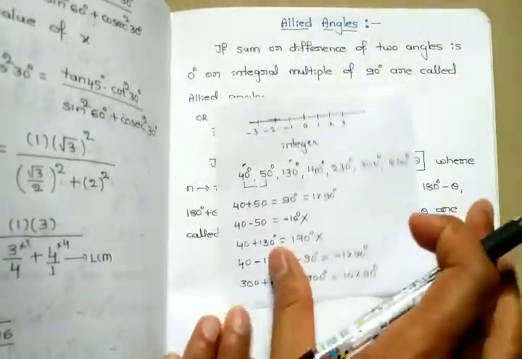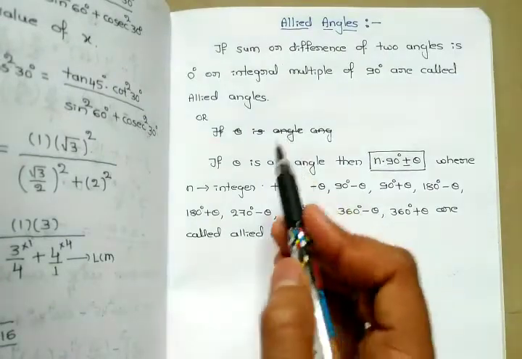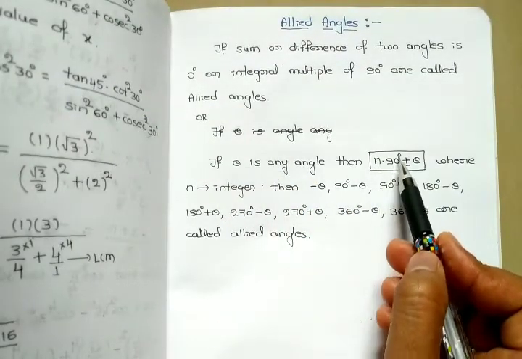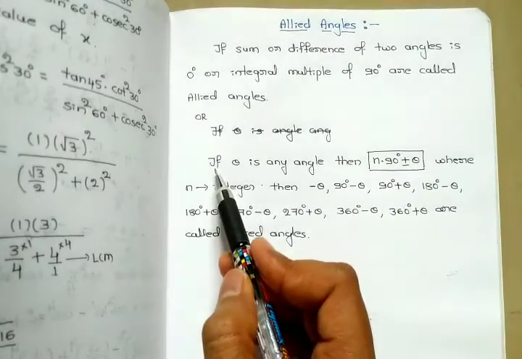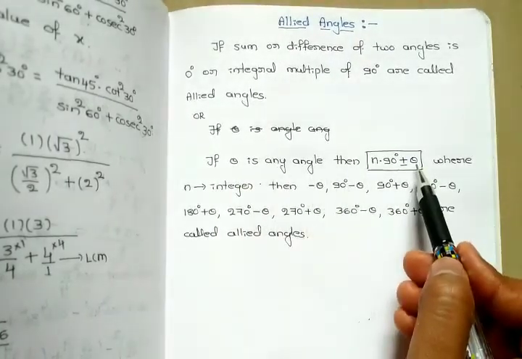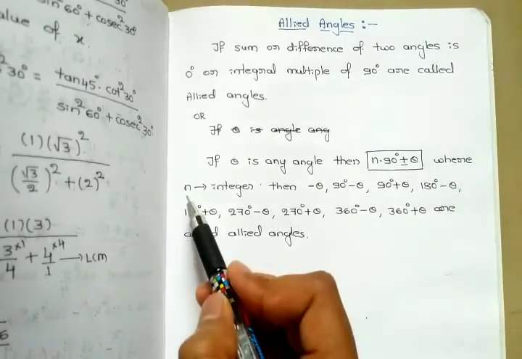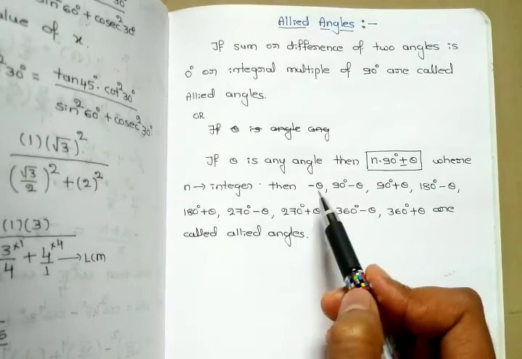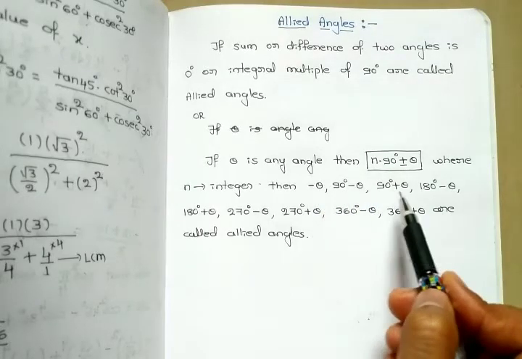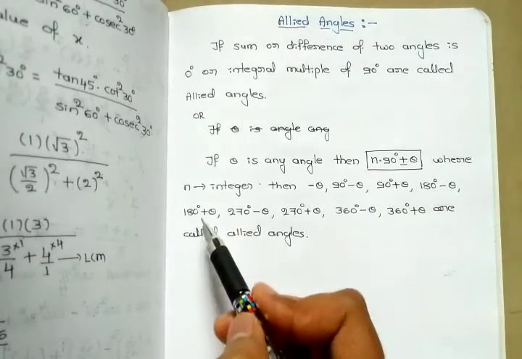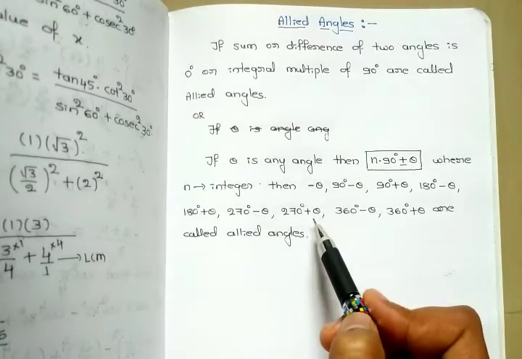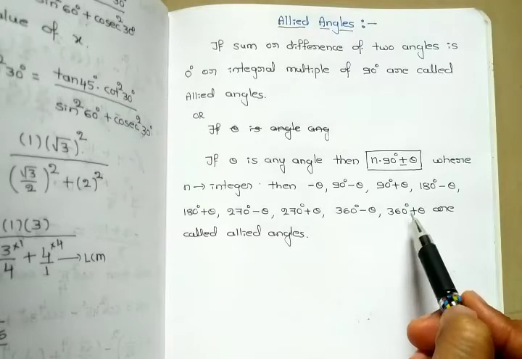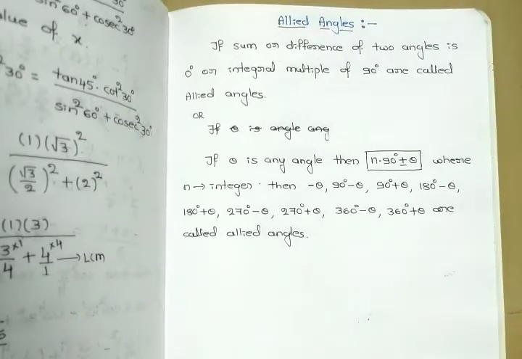Otherwise, the standard form of allied angle is n into 90 plus or minus theta, where theta is any angle and n is an integer number. So 90 plus or minus theta, 180 plus or minus theta, 270 plus or minus theta, and 360 plus or minus theta are called allied angles.